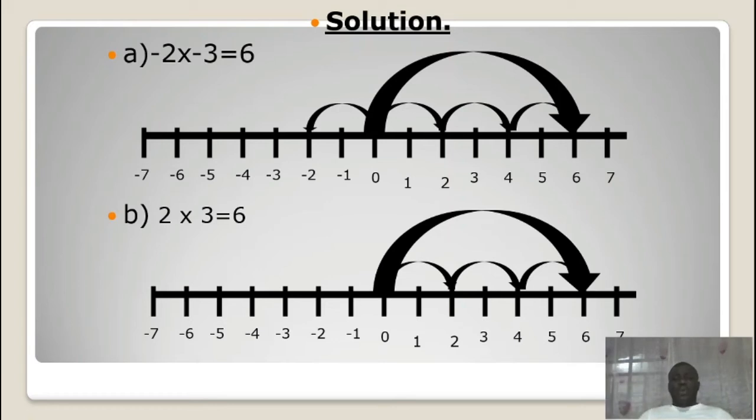The end point will become our final answer. Since minus 2 is negative and minus 3 is also negative, you count from 0, 2 into 3 times. The end point becomes your answer.